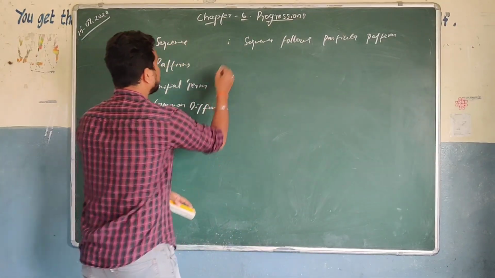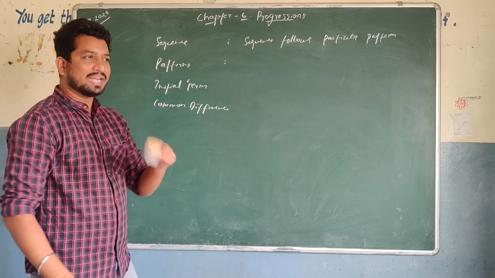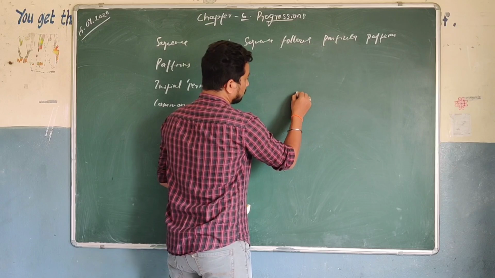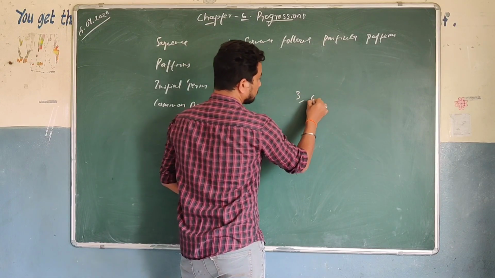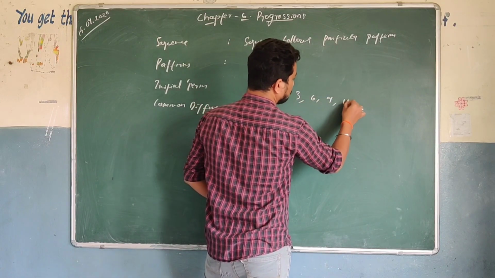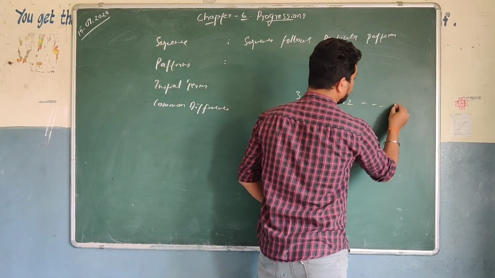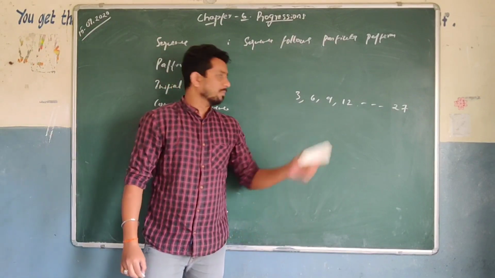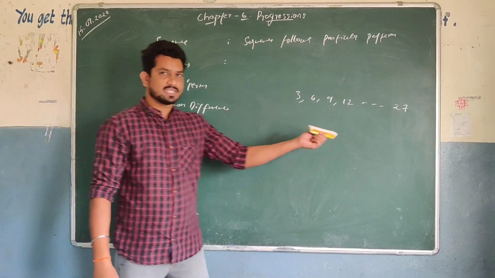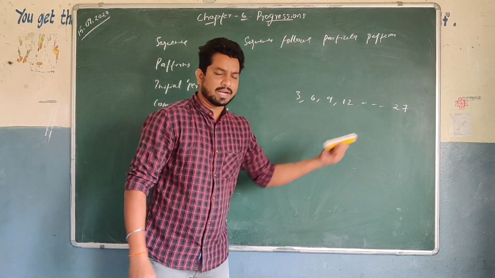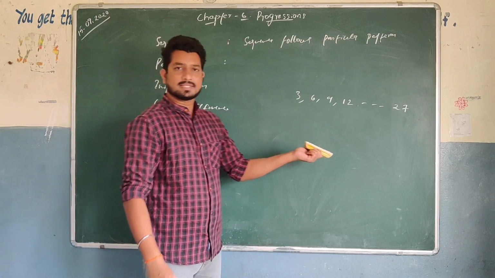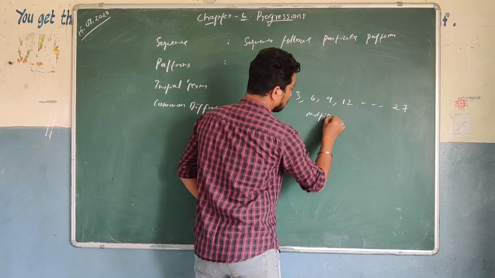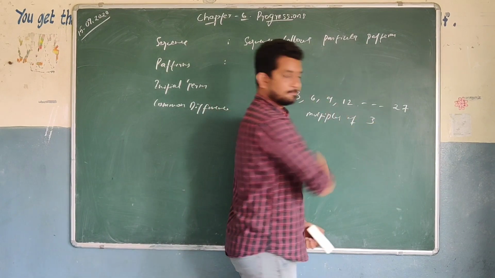Let us see what is pattern. Pattern is nothing but, see, if I take 3, 6, 9, 12, and so on, 27. It is following multiples of 3, right?